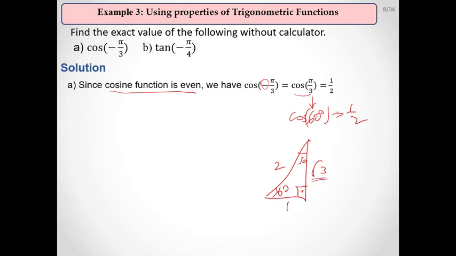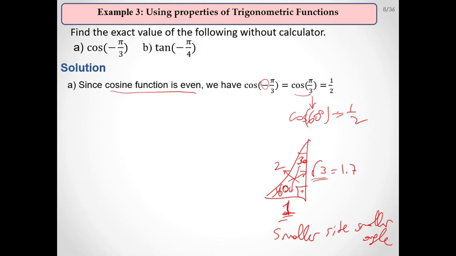Sometimes people confuse these numbers. Here, the biggest side has the biggest number, and the middle one, the 60 degree angle, has square root 3. It's about 1.7, and the smallest angle has the smallest number. You know, smaller side, smaller angle.